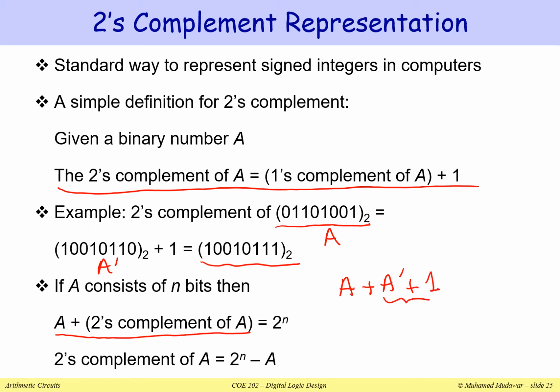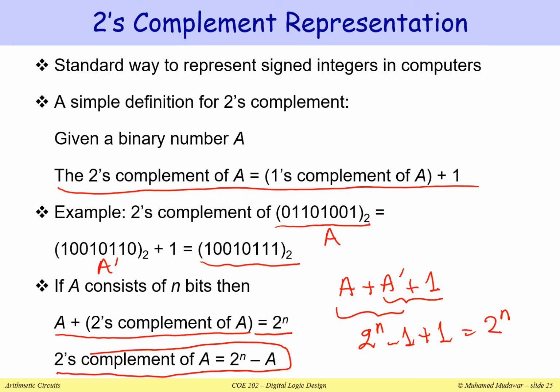We have seen that a plus a prime is 2 to the power n minus 1. And then if you add 1, you get 2 to the power n. So this is why a plus the 2's complement of a is equal to 2 to the power n. You can also say that the 2's complement of a is 2 to the power n minus a.